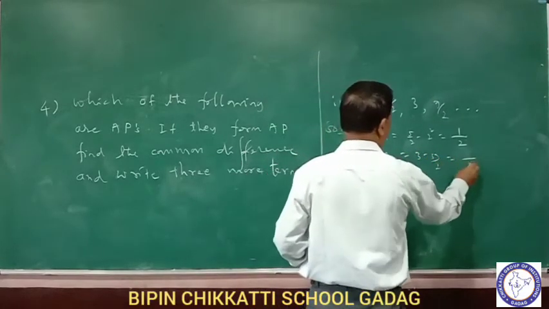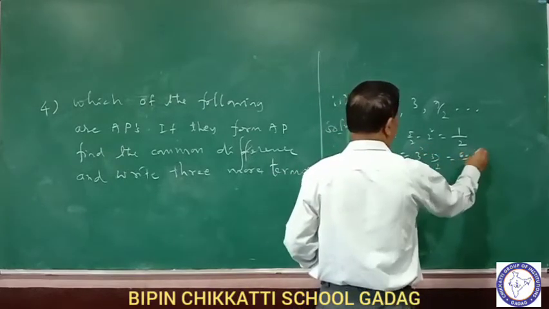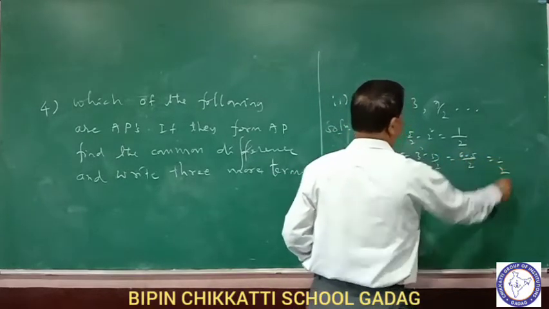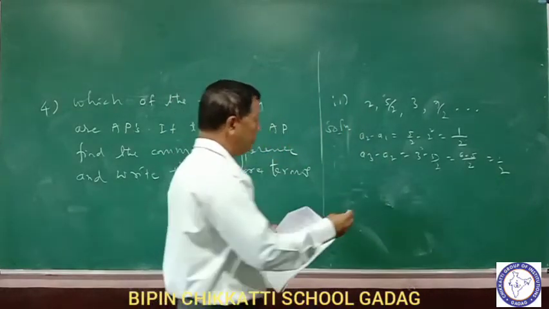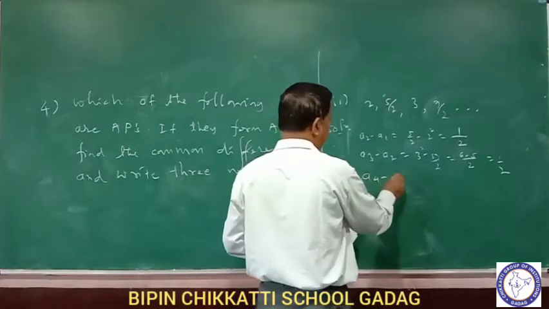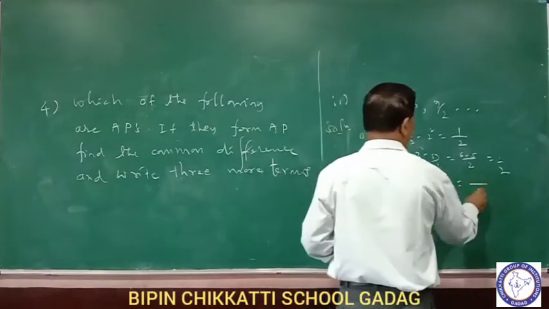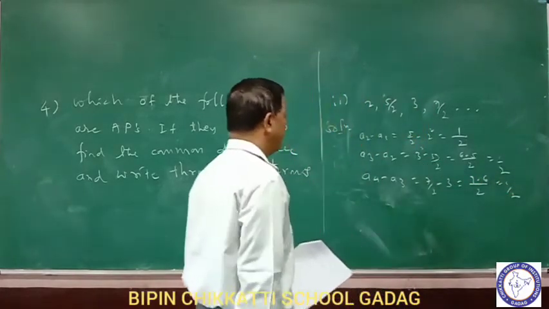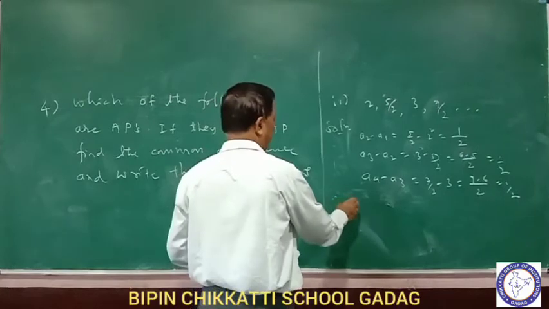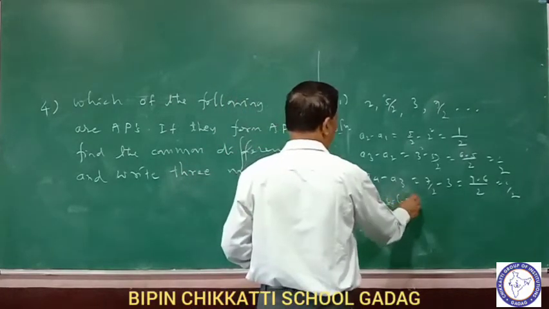LCM is 2, and 6 minus 5 is 1 upon 2. That is the same common difference. So go for A4 minus A3, 7 by 2 minus 3, with LCM 2, and 7 minus 6. This is also 1 upon 2, and the common difference is the same. Therefore, D is 1 upon 2, which is common.